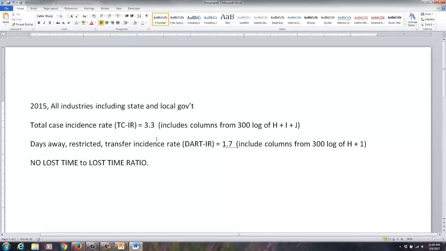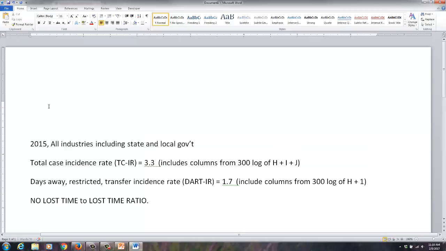And we also know that an incidence rate, I'm going to kind of do a comparison here. Real quick, getting ahead of myself: incidence is equal to the number of cases, so basically what you add up from the columns, times 200,000, divided by hours worked.